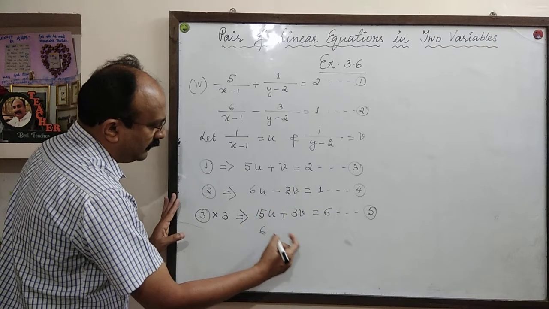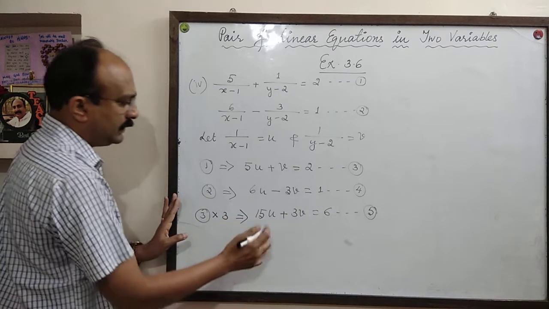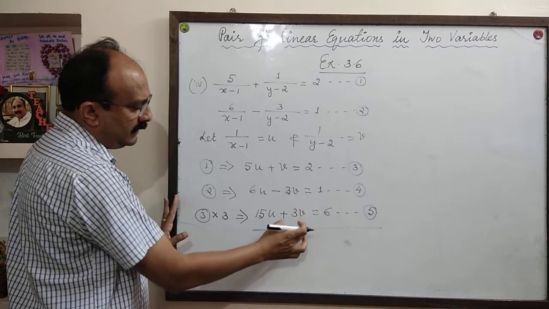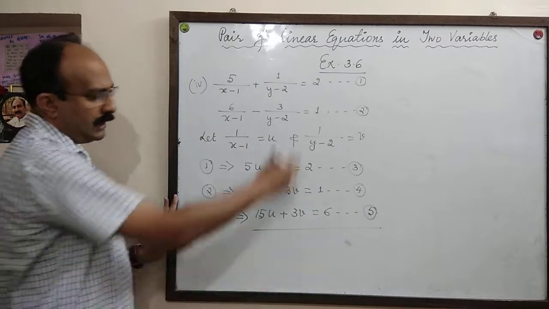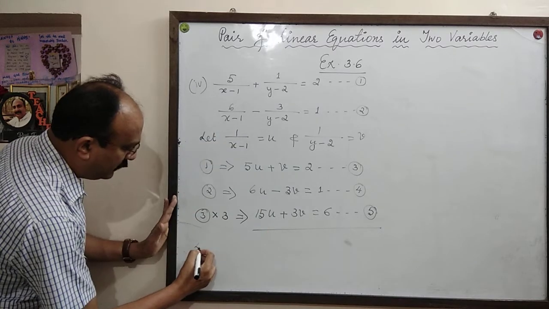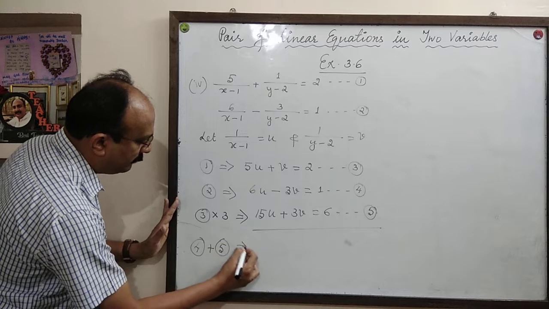Write down equation number 4 below it, 6u minus 3v is equal to 1. Now, here it is minus 3v, here it is plus 3v. How can we make them cancel? By addition. So here we will do equation 4 plus equation 5.